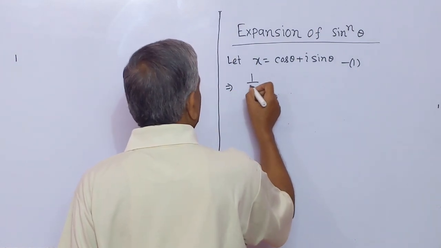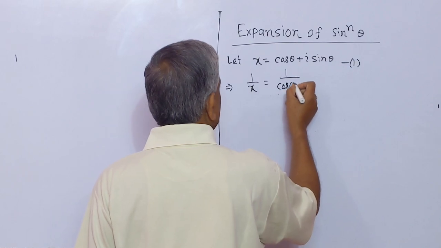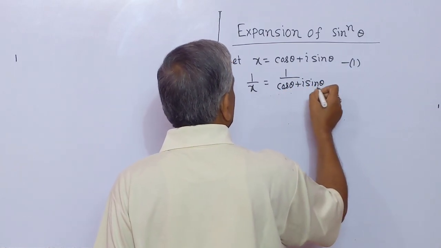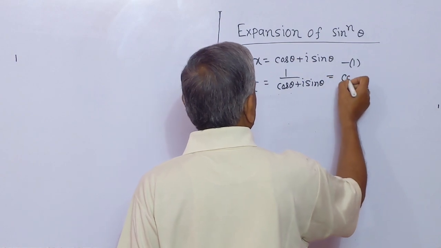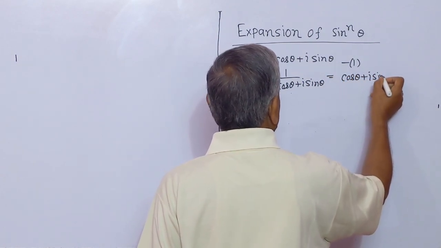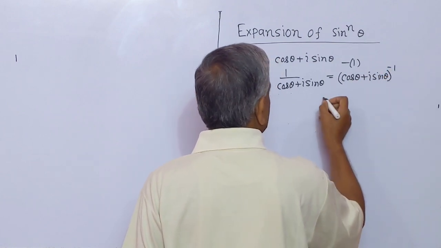Implies that 1 by x equal to 1 by cos theta plus i sin theta, and this is equal to cos theta plus i sin theta whole to the power minus 1.